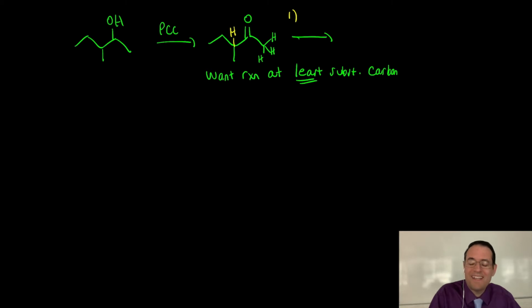So remember that LDA stands for least substituted carbon, deprotonate, and then attack. So we want to use LDA to selectively operate on the least substituted carbon, which is right here. We want it to attack the ethyl iodide to get a molecule with an additional ethyl group.